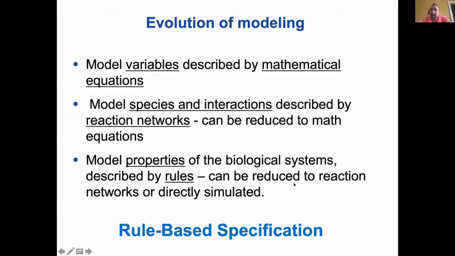And then the next level, when instead of considering a reaction network, people started to consider properties of biological systems. These properties were then used to automatically build reaction networks or do simulations. In the same way, when you have a reaction network, you really shouldn't have to be a mathematician to write down the system of ODEs or PDEs. This is done by software.